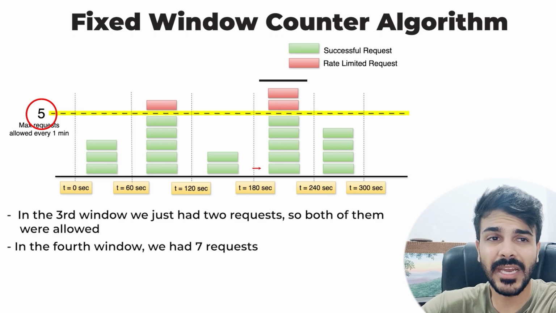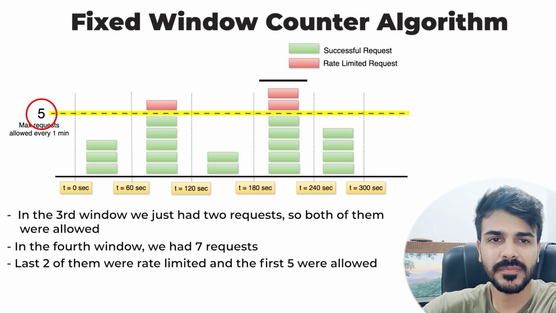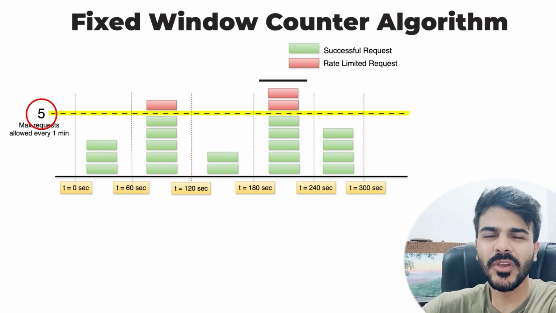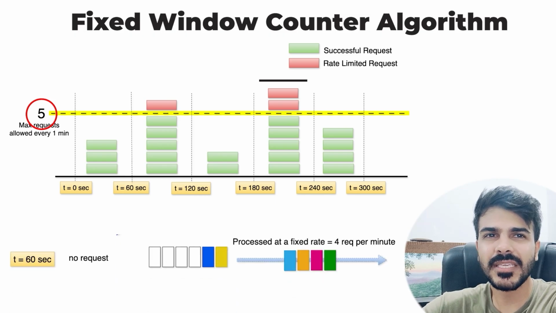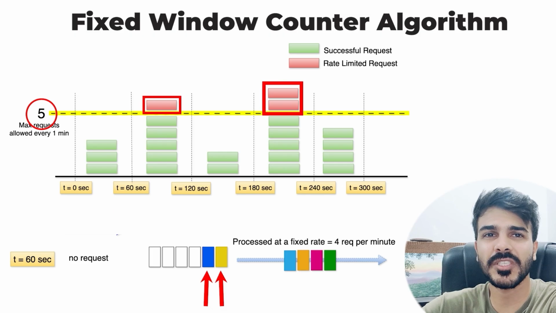In the fourth window, we had 7 requests. The last 2 of them were rate limited and the first 5 were allowed. So this is effectively how our fixed window counter algorithm works. You can observe that unlike the leaky bucket algorithm, where extra requests were queued for further processing later, this algorithm would just drop the extra requests outright.